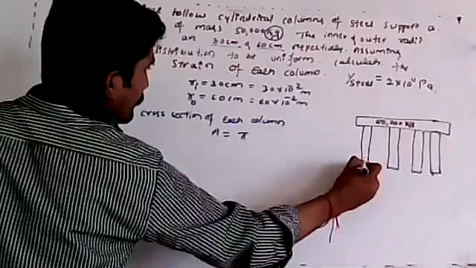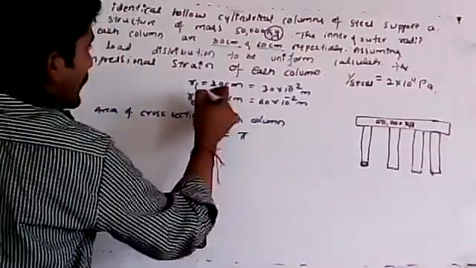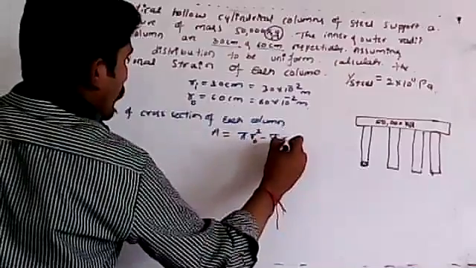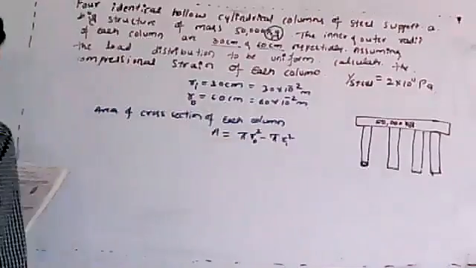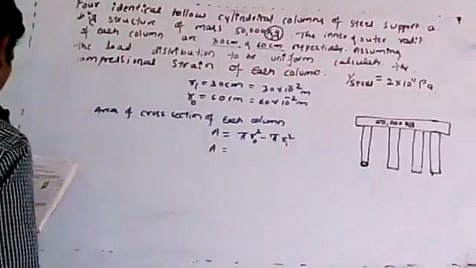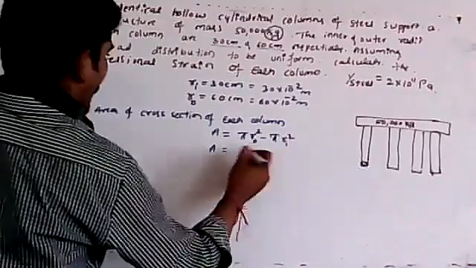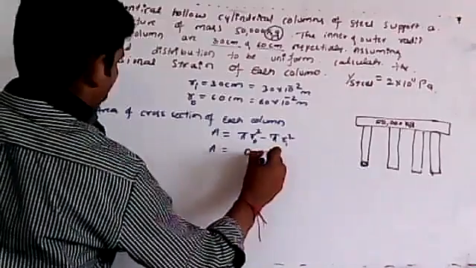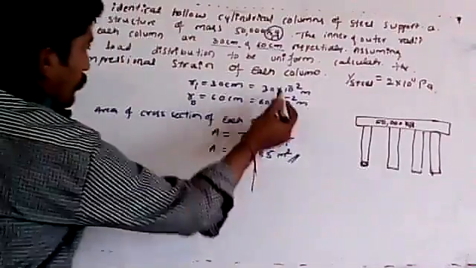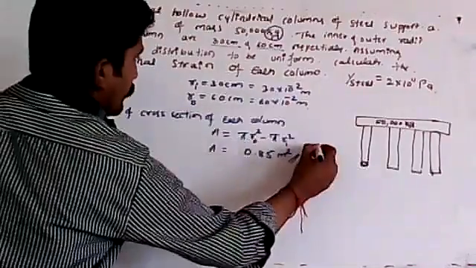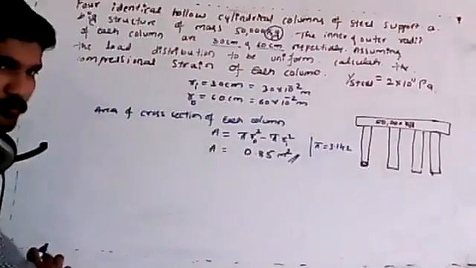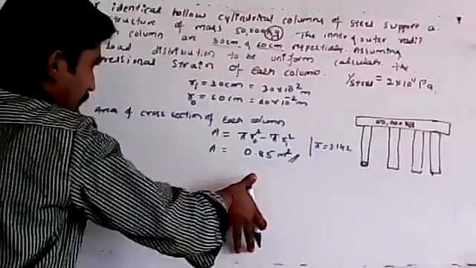But here 2 radii come, so outer radius squared minus inner radius squared. After this, just simplify yourself. You will get somewhat 85 meters square. You know the value of pi, which is nothing but 3.142.